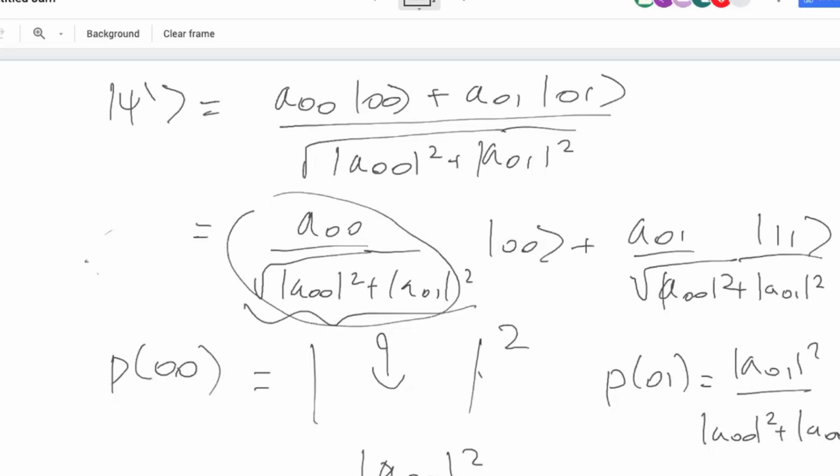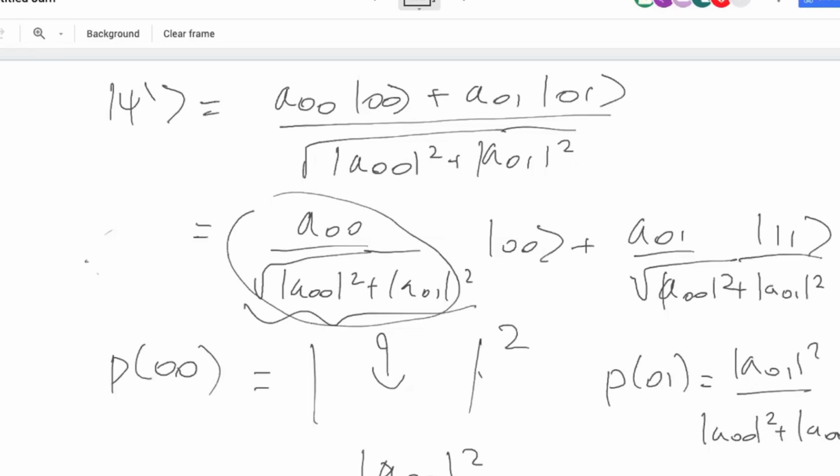So when you measure a single qubit state, you get either 0 or 1, correct? When you measure 2-qubit states, you get one of the 4 possibilities. That's where we started, right? We started by saying exactly that. But that is if you measure both of the 2 qubits.